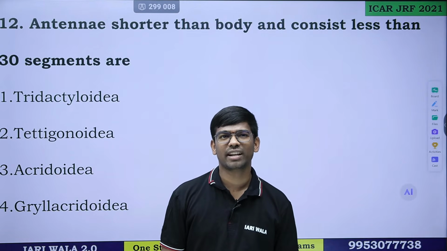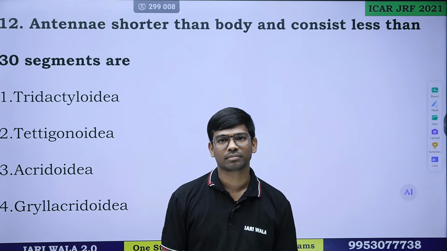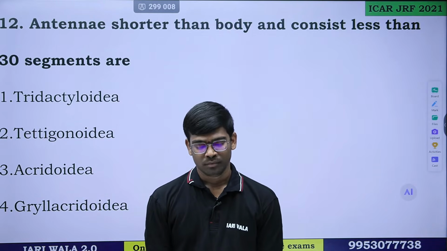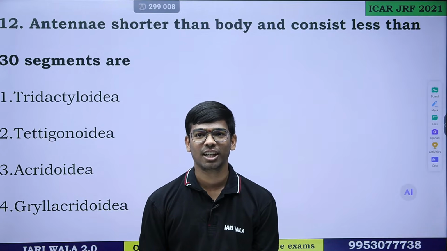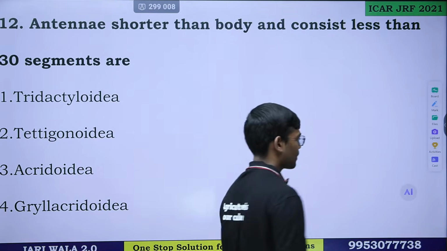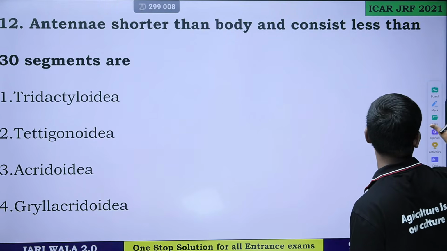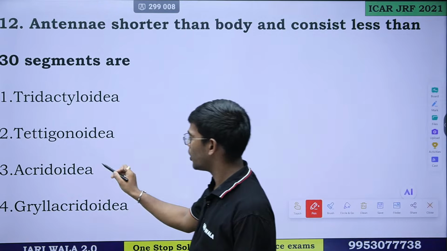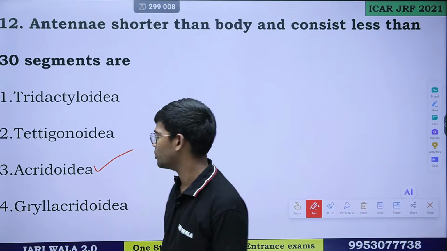So it's very easy: antennae that have less than 30 segments. Many students are responding it's 3. Yes, it's correct. Acridoidea consists of the family Acrididae, that is, short-horned grasshoppers.